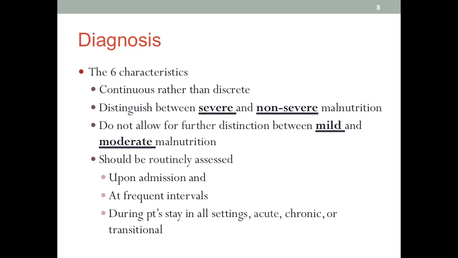And also, we'll want to check the patient for these characteristics at each encounter, especially those that are high risk. So, of course, the initial assessment when we first see them, at frequent intervals that will depend on the patient's condition, and then also after discharge. So if we're incorporating the NCP model, we're looking at monitoring and evaluating the patient and making sure that it's documented in their record.